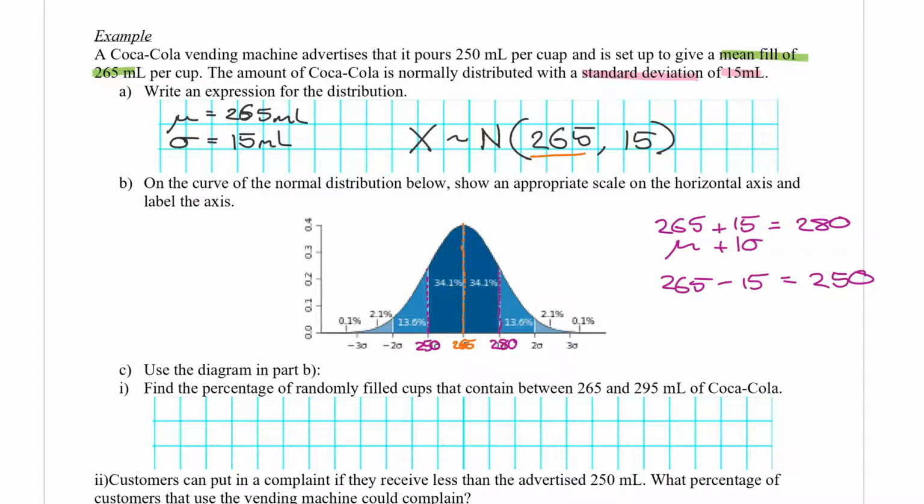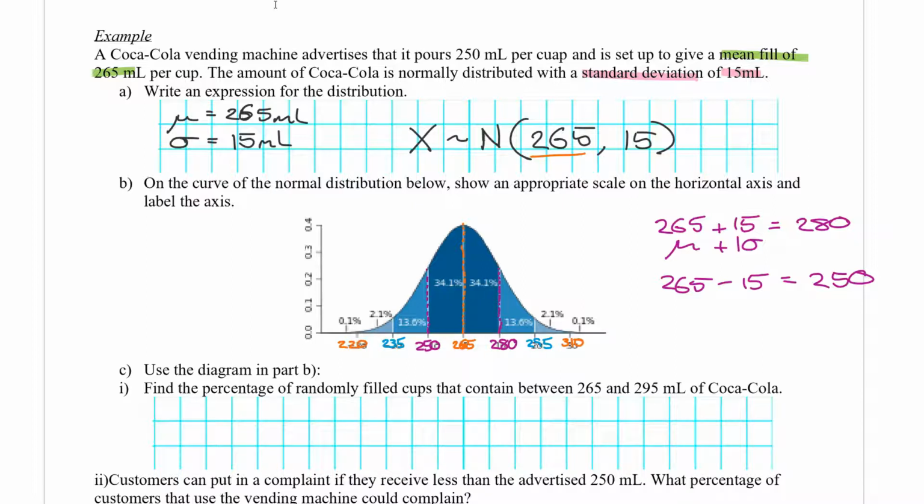Now, if we're looking at the two standard deviations, then it's going to be 280 plus 15. Well, that's going to be 295. And for two standard deviations to the left, then that's going to be 235. Finishing it off, 3 standard deviations, well, that's going to be 310, and minus 3 standard deviations is going to be 220.